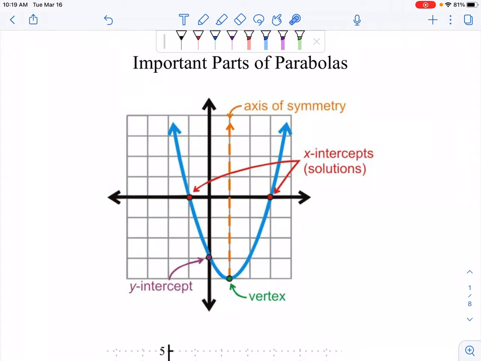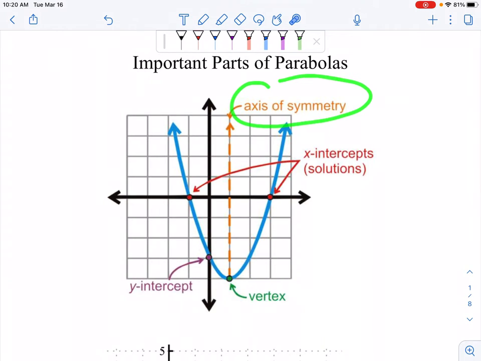If it's a positive x squared, it's going to create an upward U shape. And if it is negative, it's going to flip that around and create a concave down.